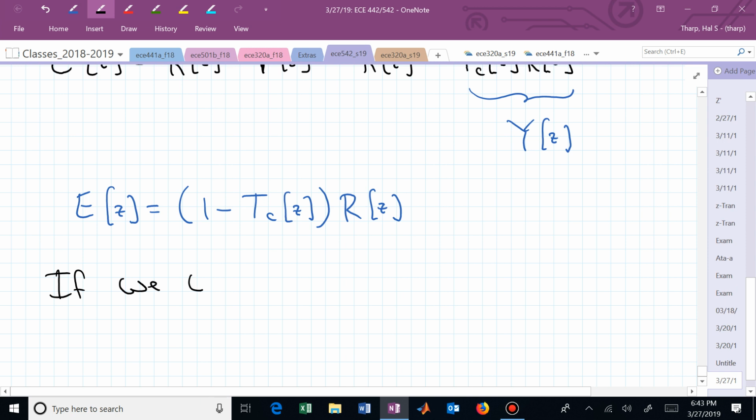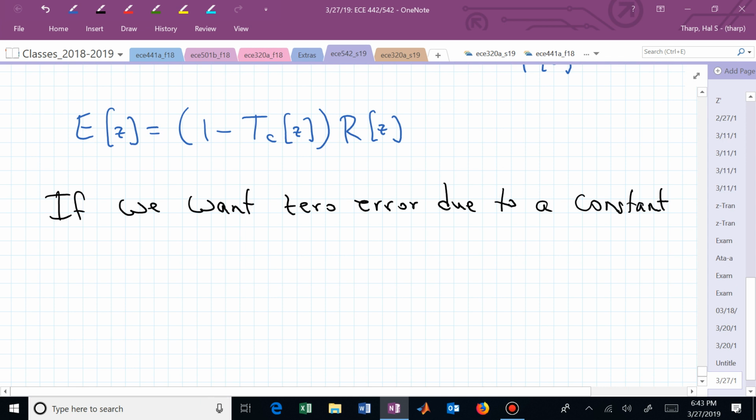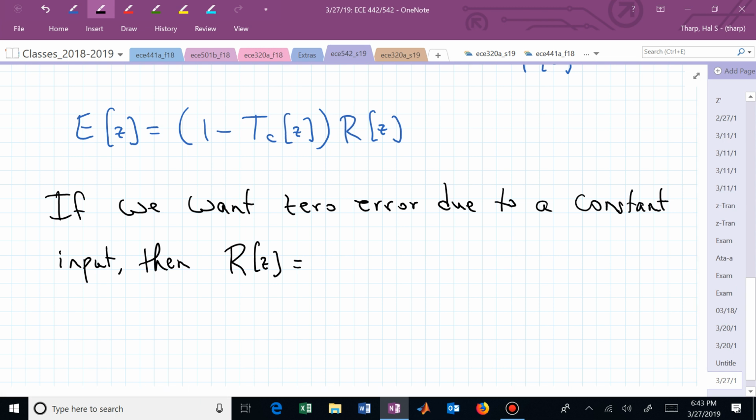Suppose we want zero error due to a constant reference input R of Z. What would R of Z look like in the frequency domain if it's a constant?